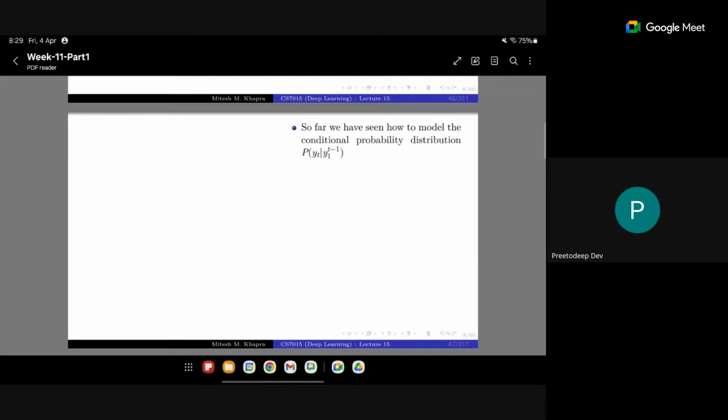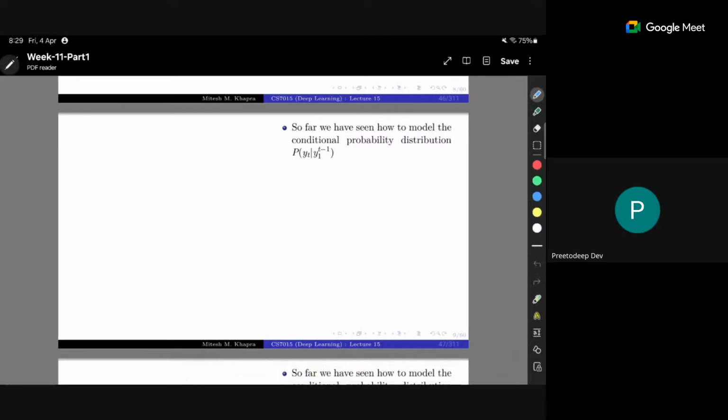Encoder decoder. So the idea of encoder decoder is that let's say one RNN is there, and you're using that to predict the next word.